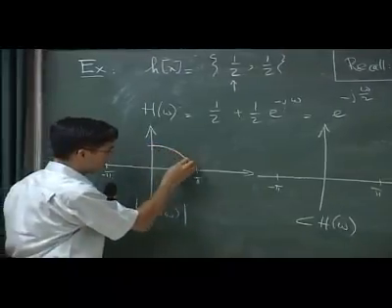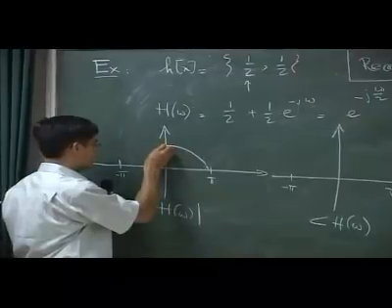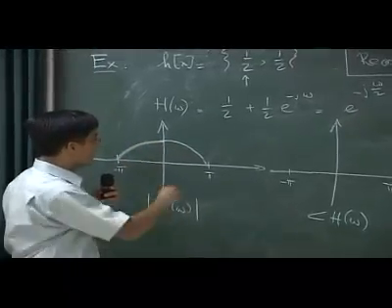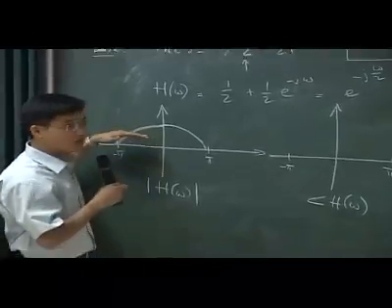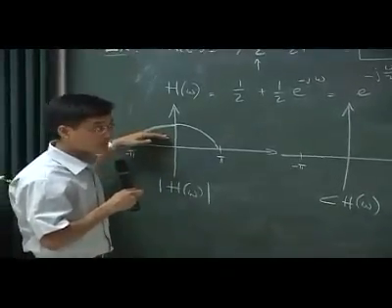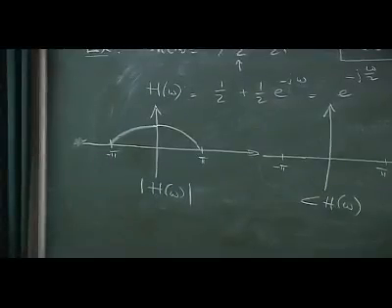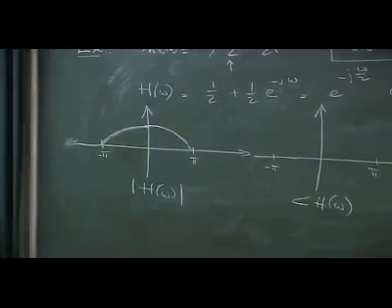So it goes something like this. That is always not just a real number, but always positive. Remember, this thing not only has to be real, but a positive number.